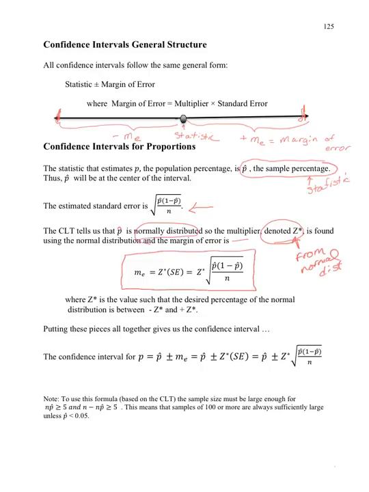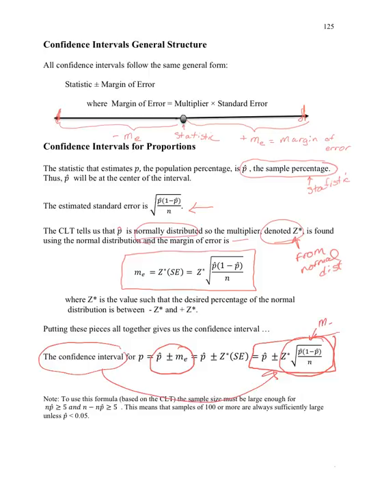And putting that all together, we have our statistic plus and minus our margin of error equals this expression right here. So that's our confidence interval. This piece right here, the plus minus piece, is the margin of error.